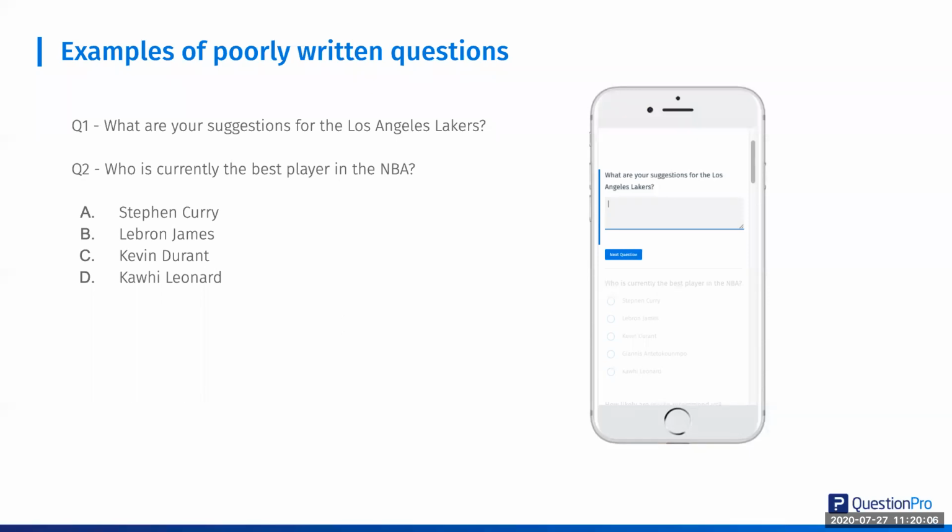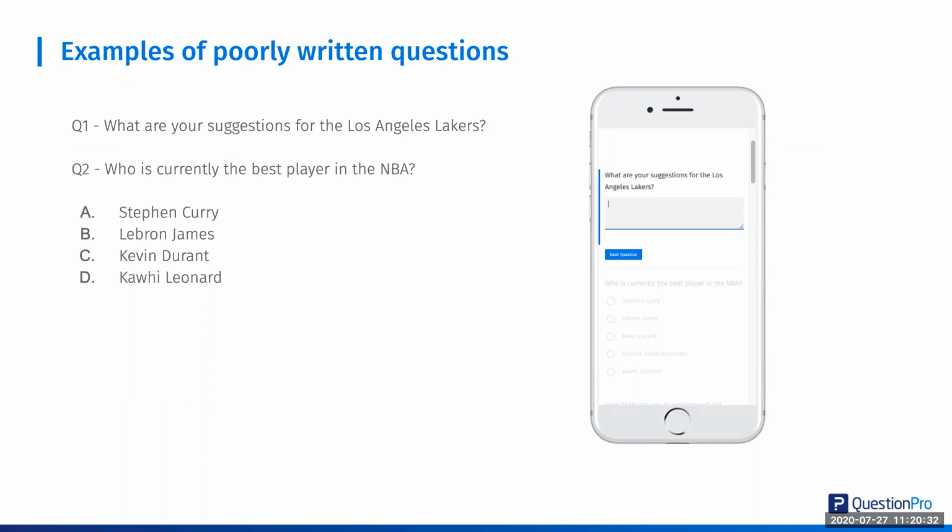It's not specific enough to adequately answer the question. So a better question might be, what suggestions do you have for the Lakers around player development? Or what suggestions do you have for the Lakers at the trade deadline? So giving a specific context around what you're getting at would be a better way to word this question.